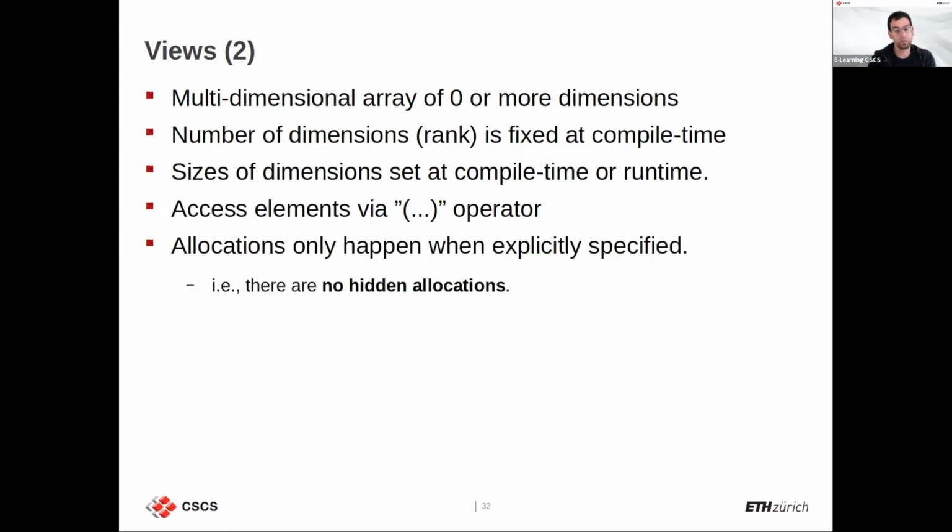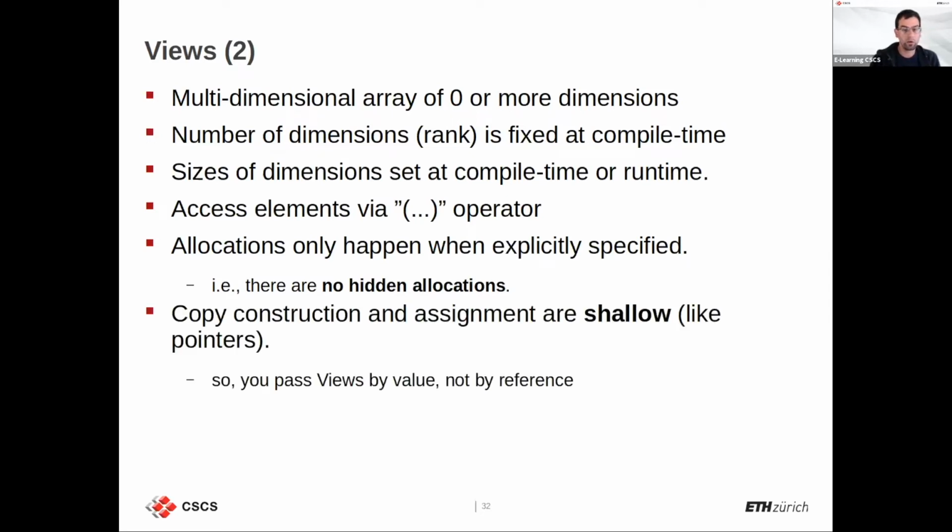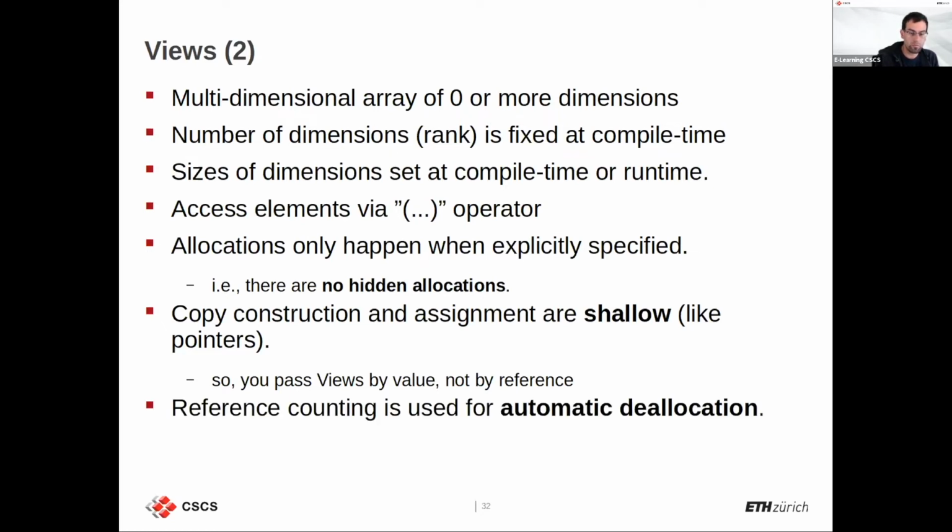The allocation happens only when explicitly specified, so there are no hidden allocations. Copy constructor and assignment are shallow, so they are like pointers. When you do a copy construction or assignment, you are not copying the entire data, but only the pointer. So you can pass by value, but not by reference.